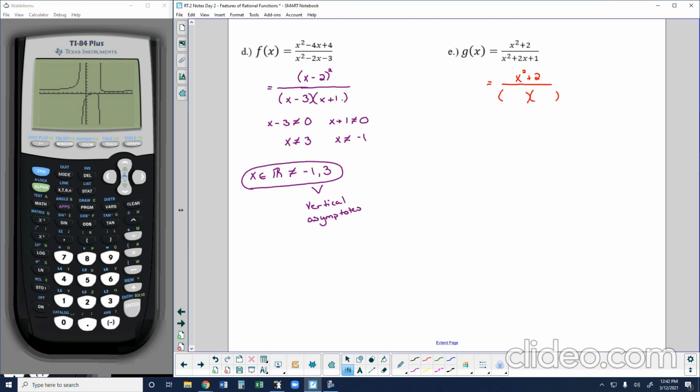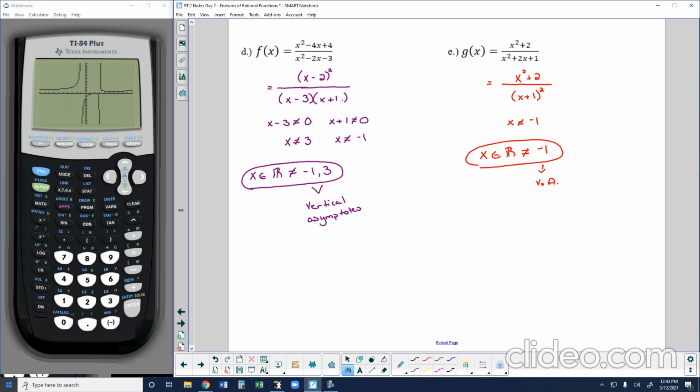The denominator could be factored into x plus 1 times x plus 1, which is x plus 1 squared. So in this case, we only have one value that x cannot be, and that would be negative 1. So the domain would be all real numbers except for negative 1. As that zero of the denominator, negative 1, is not a zero of the numerator, this would be a vertical asymptote.